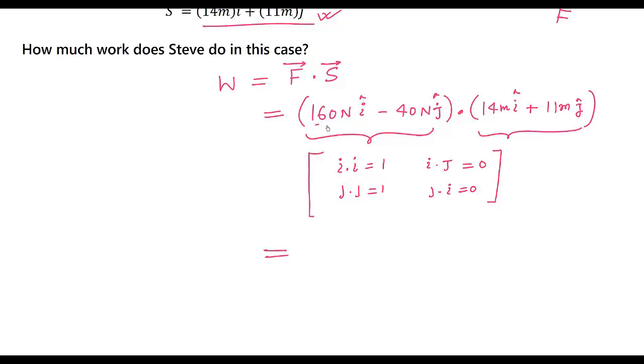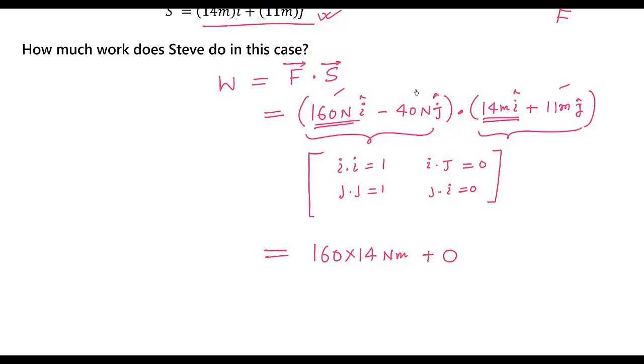So first term, I have to multiply this term with this term. So we will have 160 into 14, and this is Newton meter. And then if I multiply this term with this term, this is going to be 0 because I multiplied by j, that is i dot j. So the second term is 0.